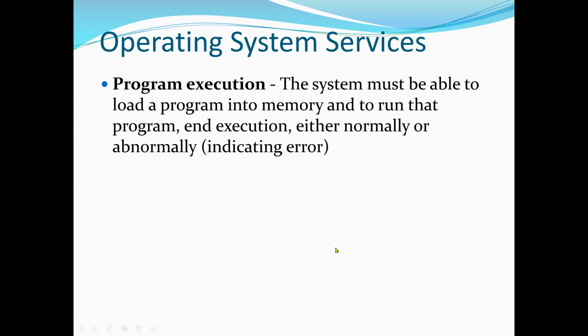Another operating system service is program execution. As we said earlier, without an operating system, a program cannot execute. The operating system doesn't execute the program, but controls the activities.